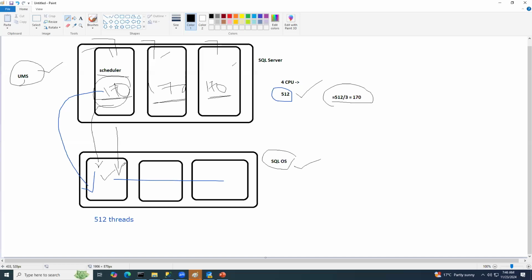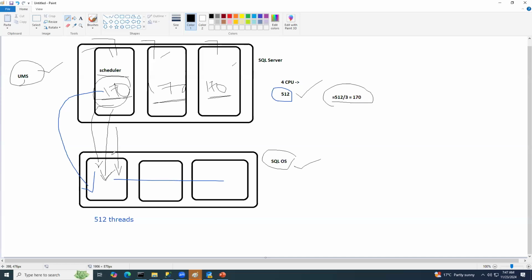There are multiple performance issues, right? With the UMS, in the SQL layer we are controlling this. We will schedule threads one by one instead of all 170. The SQL layer will say, go ahead and execute only one thread at a time on the CPU.